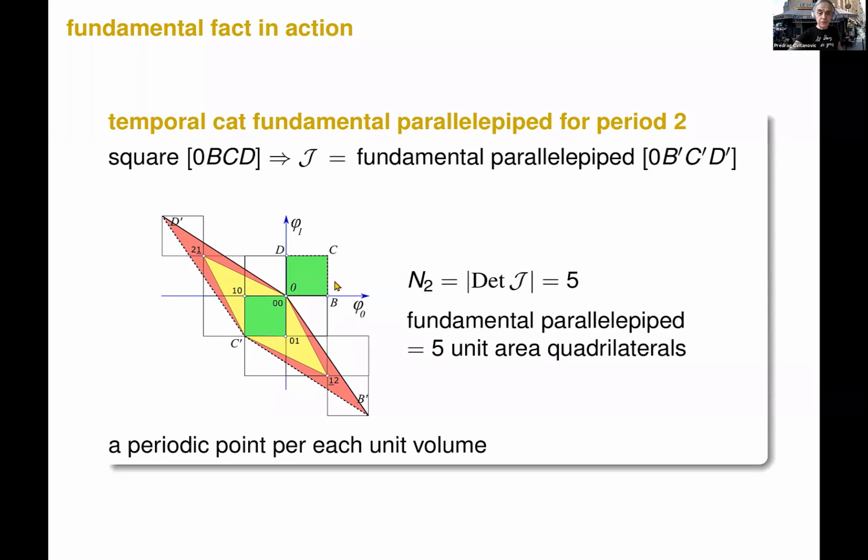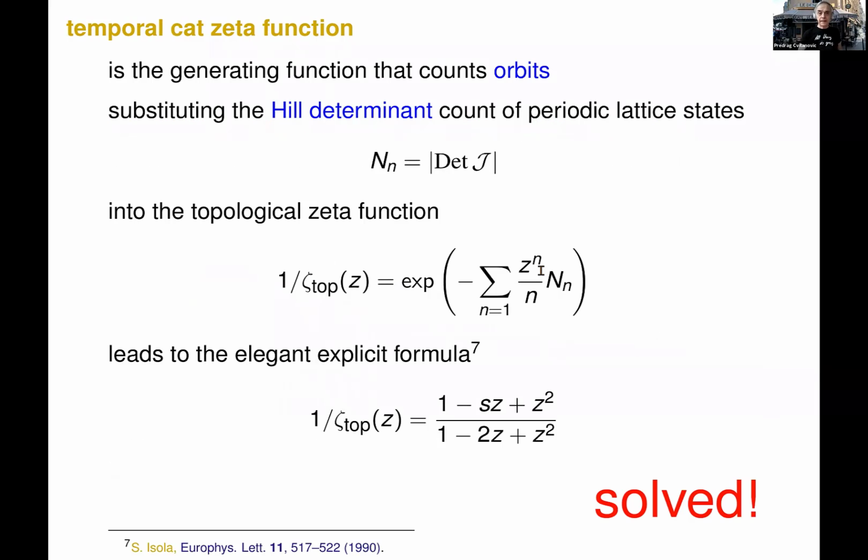So if you take the unit square and multiply it by a cat kind of Jacobian, it stretches it into a bigger square, which has volume 5. And indeed, you can count there are 5 periodic points. So the fundamental fact works.